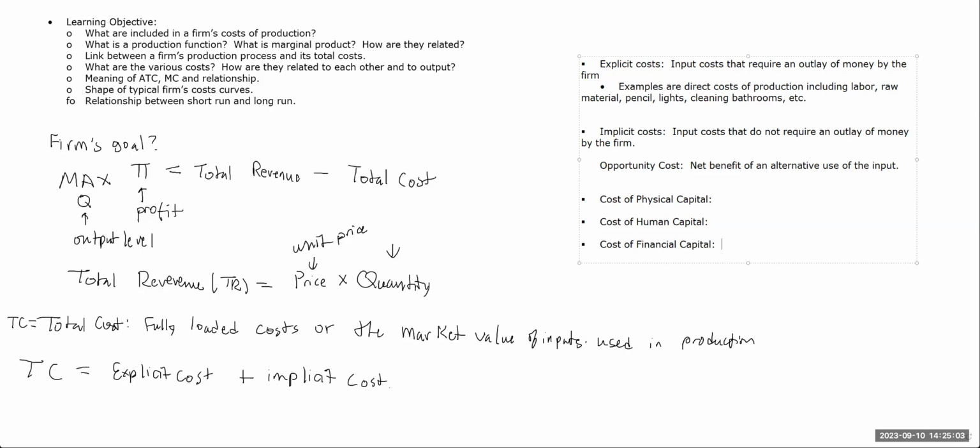An economist says you need to consider that when you decide to use the truck for your own business. You should consider alternative uses for that truck. Or a lawnmower. I could buy a lawnmower and use it to make money, or rent it to somebody else and allow them to mow lawns and make money and pay me rent. That's opportunity cost of physical capital.